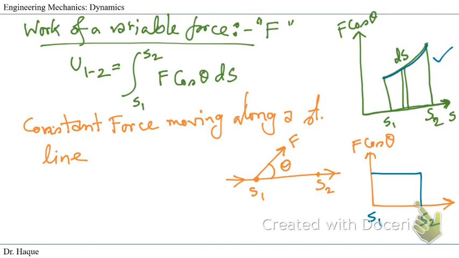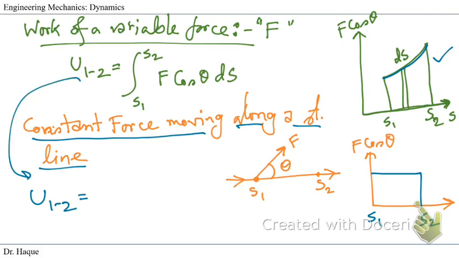So how can this scenario be calculated using the equation that we have just derived? In this case, since F is constant, F cos theta is constant, so we can take it out of the integration.